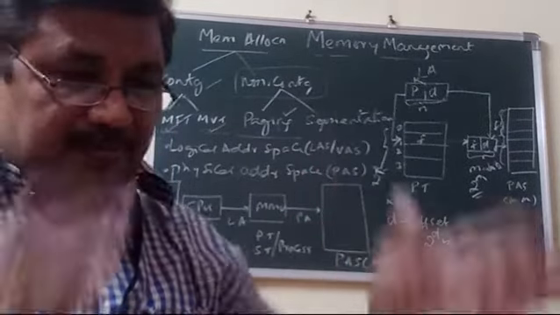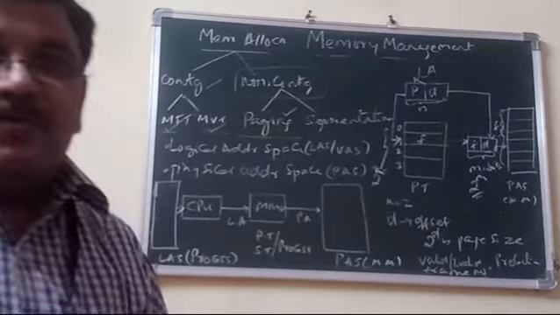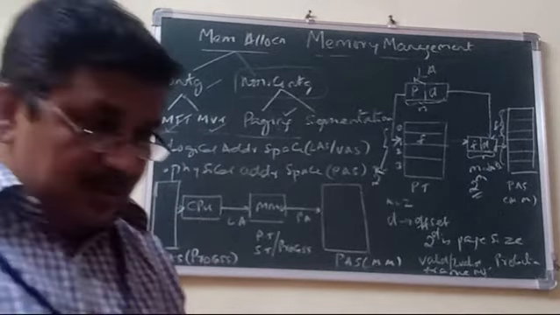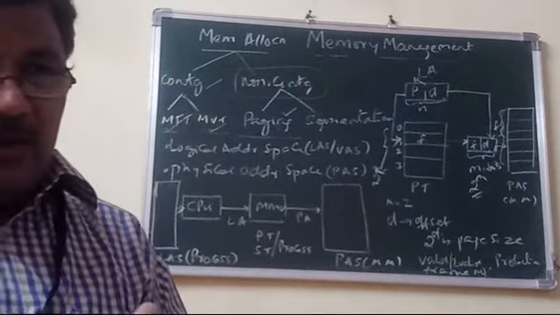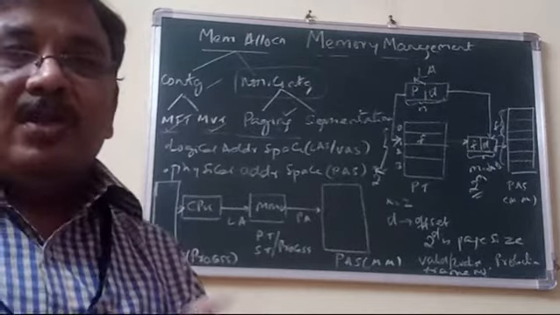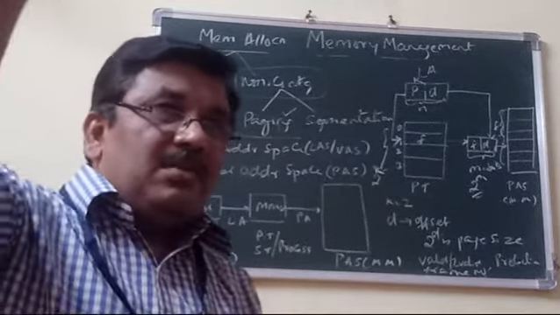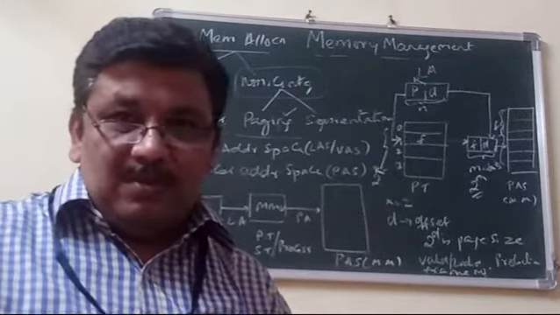It is the programmer's view of memory, because the programmer doesn't have any idea of where his program will be stored in the main memory. So he assumes that his program starts at memory location 000, and he codes and writes his program.